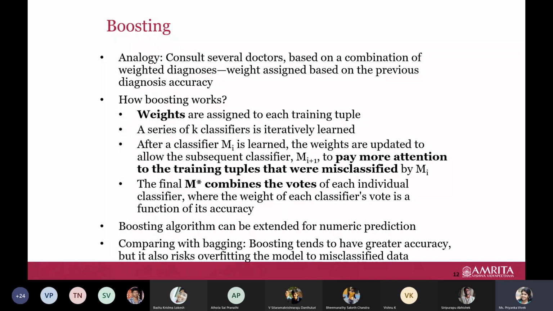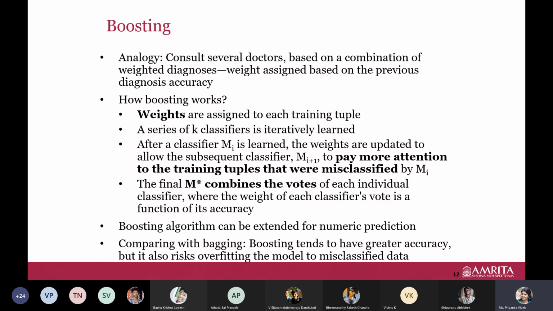But you don't consider all the doctors equally. You know that 5 of them are senior specialists in that area, so you might give more weightage to them. Some may not have much weightage, like those who have just finished medicine and are just casually asked. So we take more weightage for those who are experts in that field.